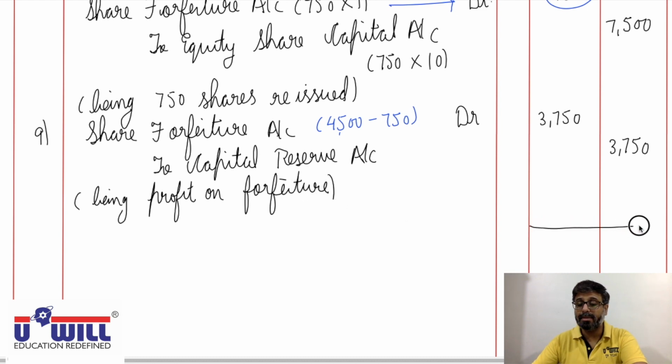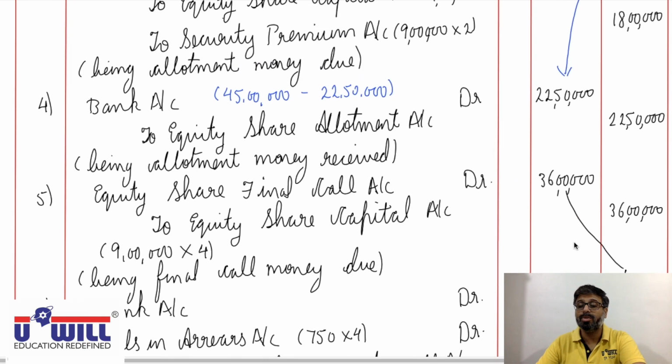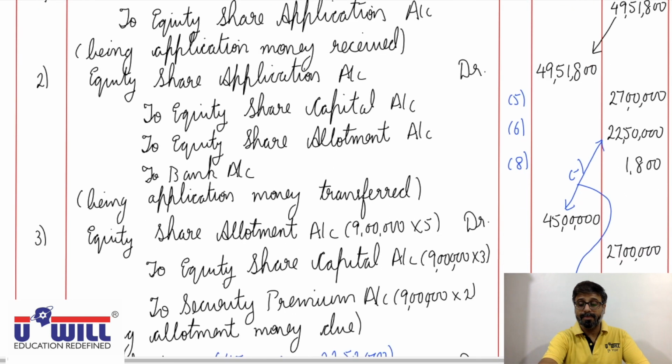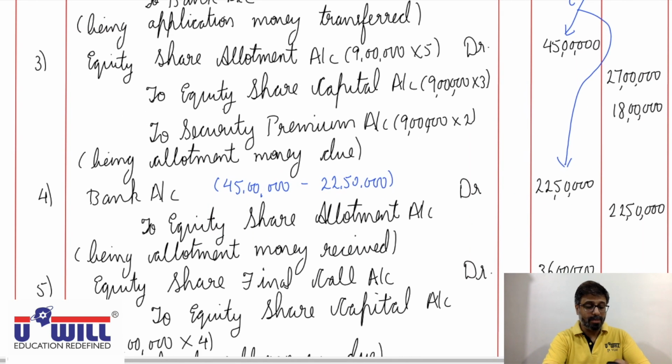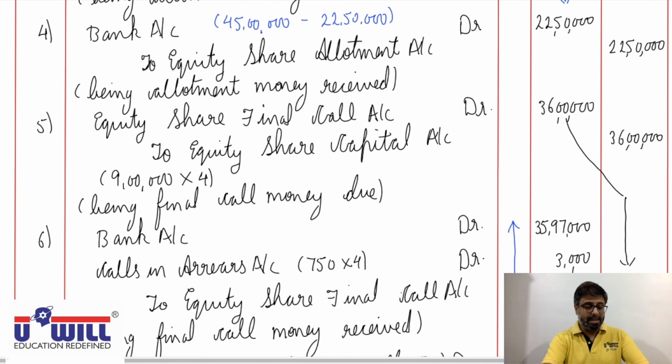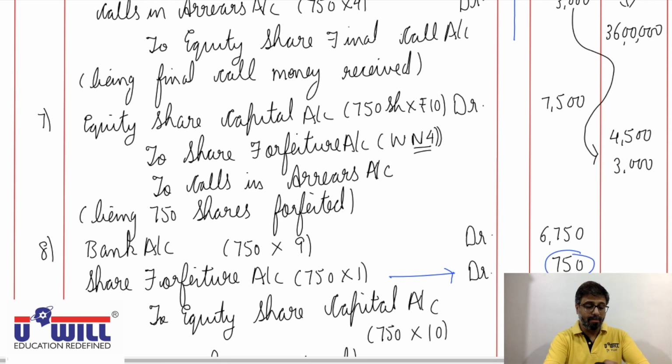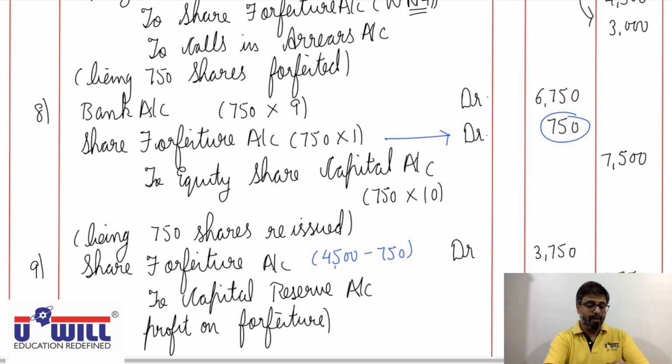And lastly, the formality remaining is the totaling of the journal. So 49,51,800 plus 45 lakhs plus 22,50,000 plus 36 lakhs plus 36 lakhs plus 7,500 plus 7,500 plus 3,750.